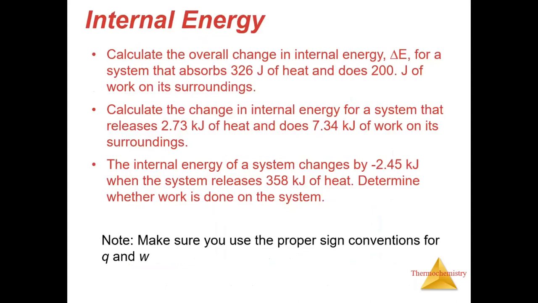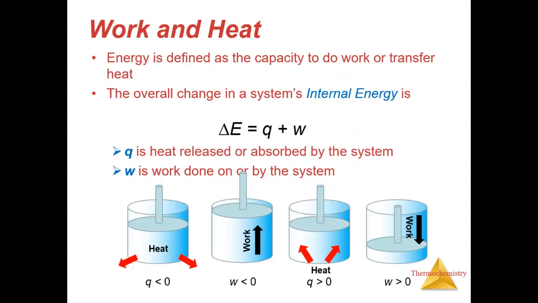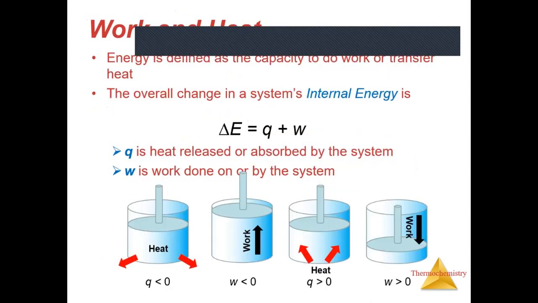So if I'm going to calculate the overall change in internal energy for a system that absorbs 326 joules of heat and does 200 joules of work on its surroundings, it absorbs heat, so my Q is going to have a positive sign associated with it.